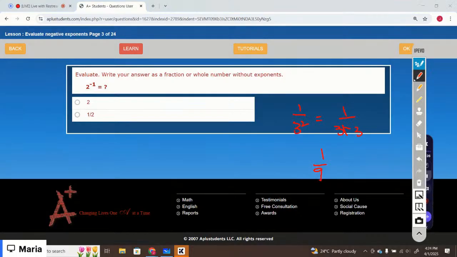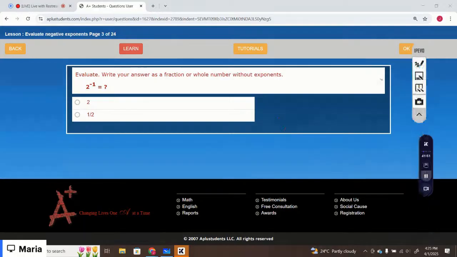Two exponent negative 1 is 1 over 2. Option number 2 is the correct option.